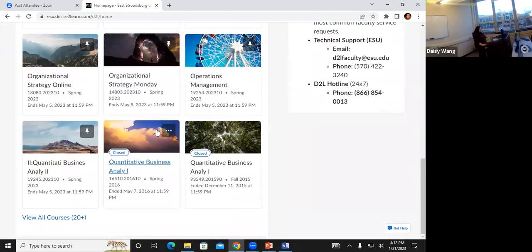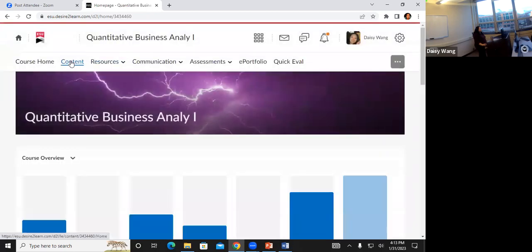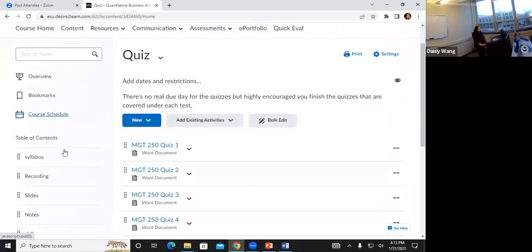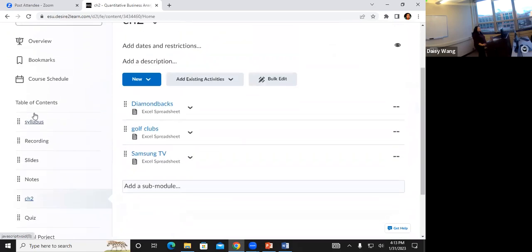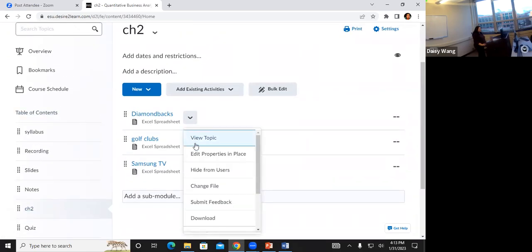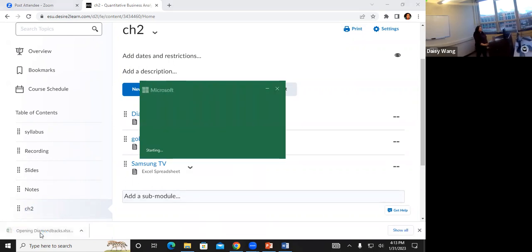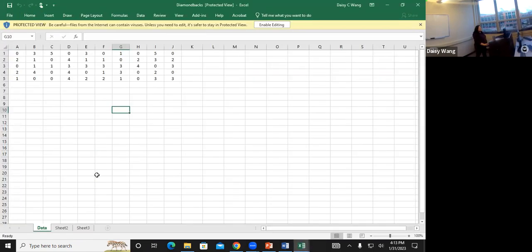Under the class, and then under content, we have chapter 2. So just use the Diamondbacks data, download it, and this gives you the raw data.